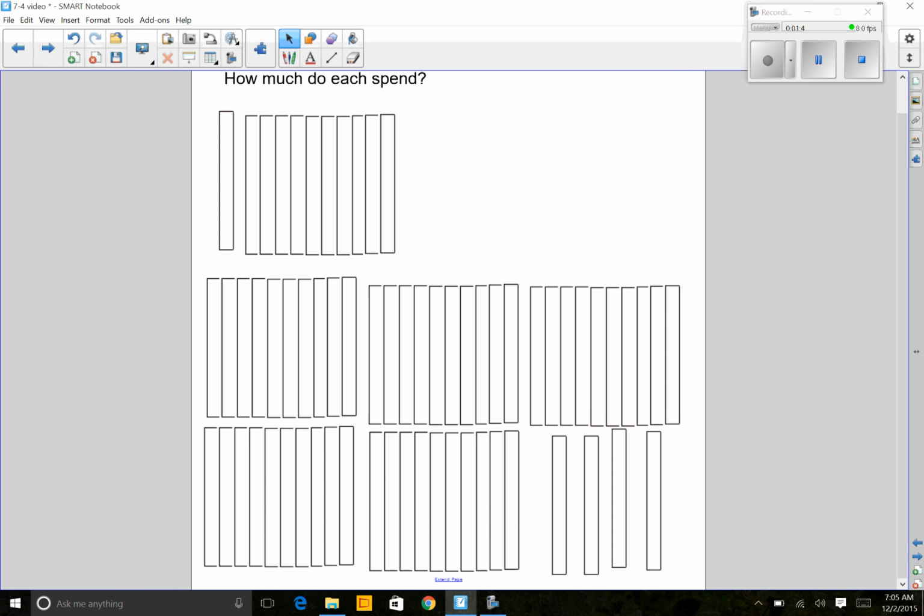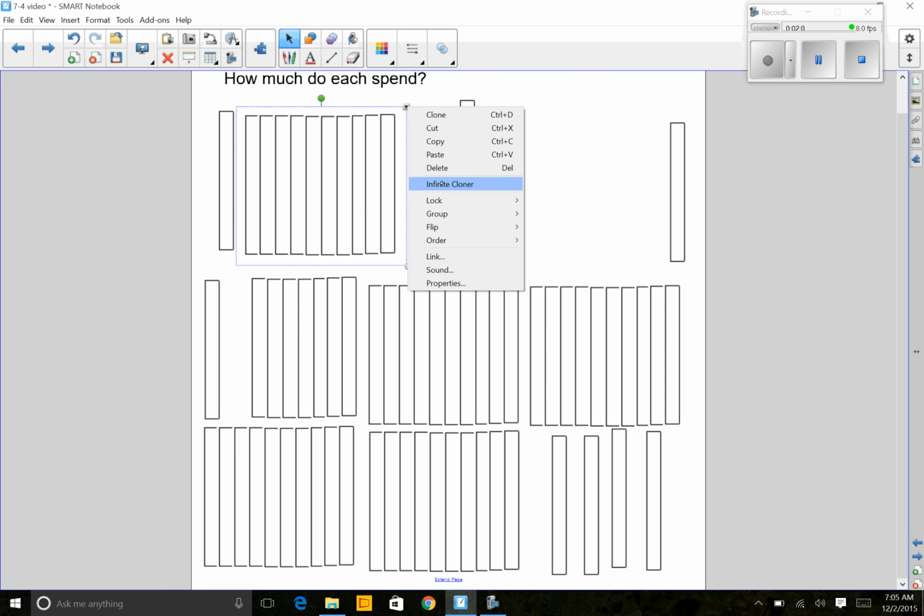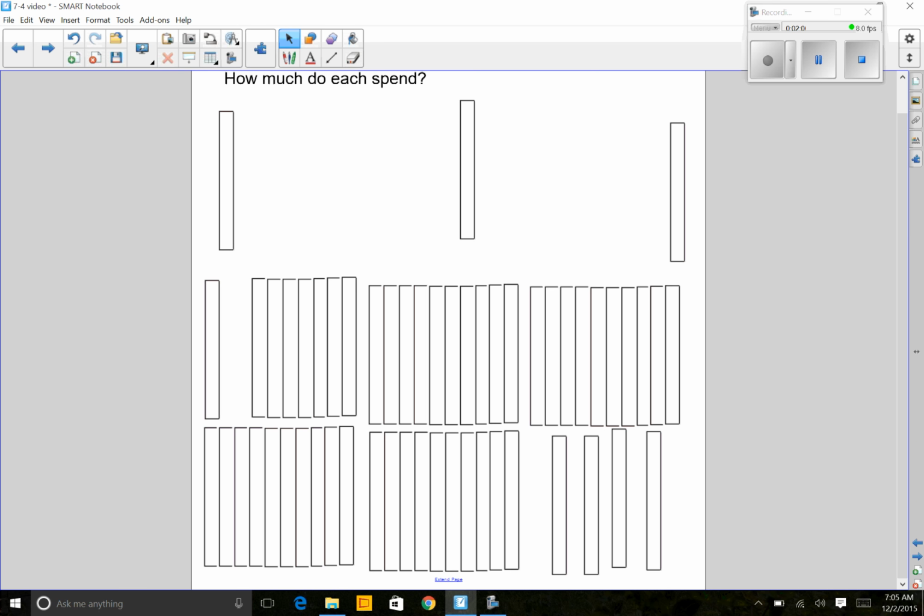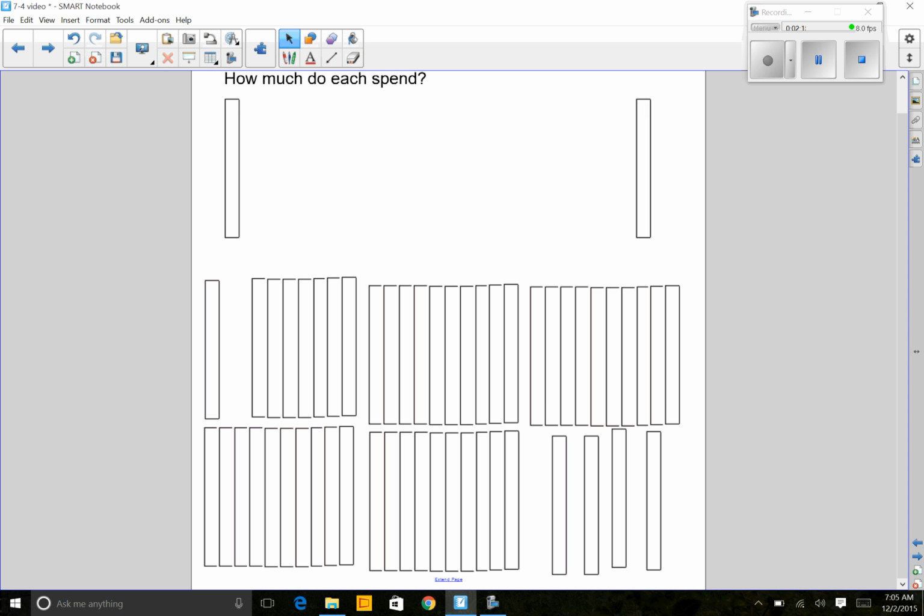One group here, 1, 2, 3. And then the second group, and the third group.